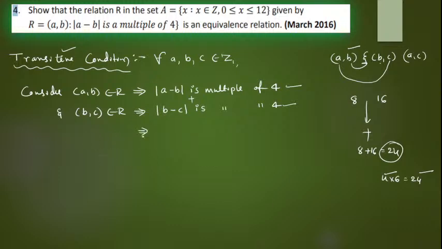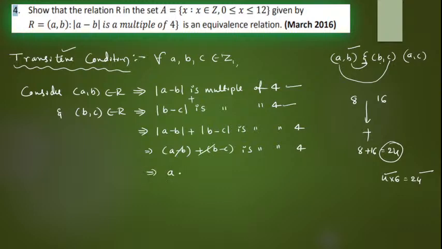So the next step we have to follow the same here, that is modulus of A minus B plus modulus of B minus C is a multiple of 4. Nothing but, modulus of A minus B, positive of A minus B, and it is B minus C is a multiple of 4. Nothing but here minus B and plus B will get cancelled.